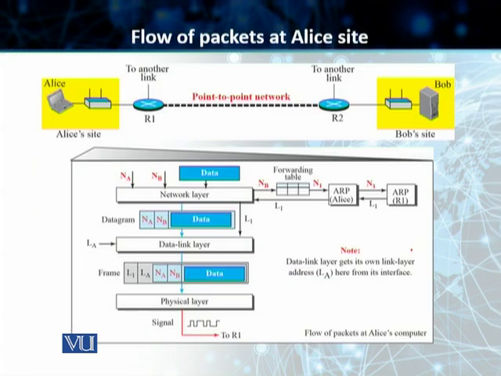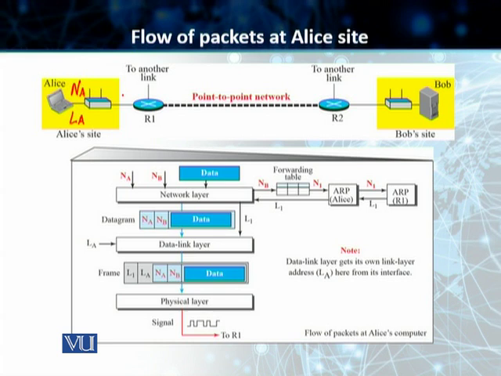Students, first of all, we'll talk about the flow of packets at Alice's computer. In this case, as you can see, the IP address for Alice is represented by N, and the link layer address there, it's represented by L in this particular case. So students, as you can see in this case, our Alice has got an IP address of NA. This has got a link layer address of LA.